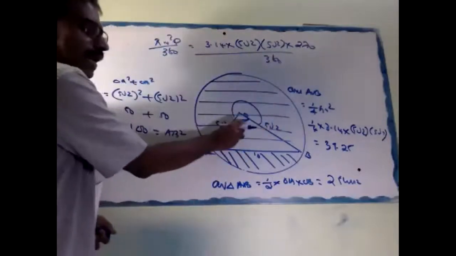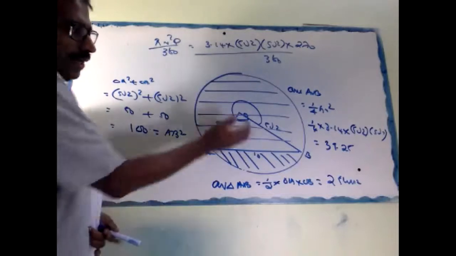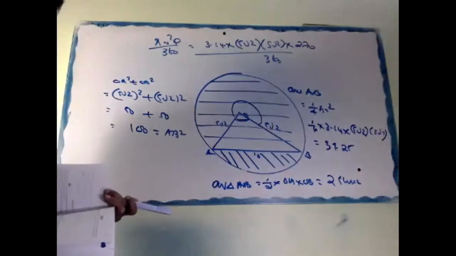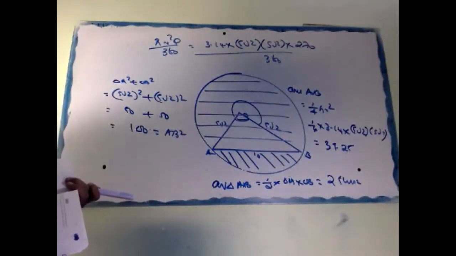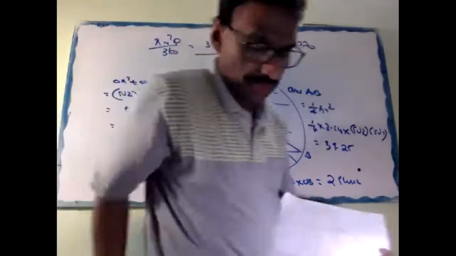Correct or not? Because this angle is 90, this will be 270. Plus area of triangle, which we have already added. That answer is 142.75 centimeter square.